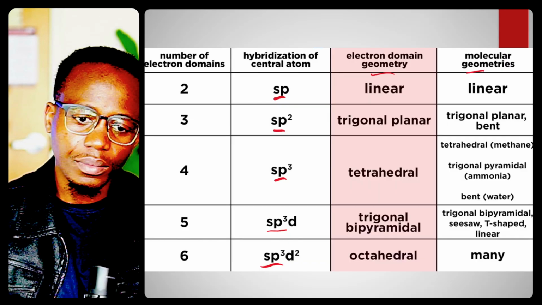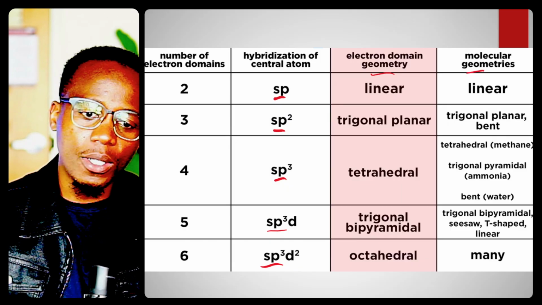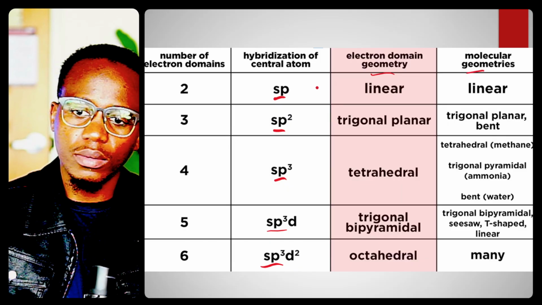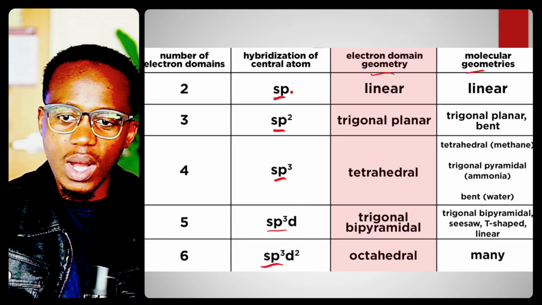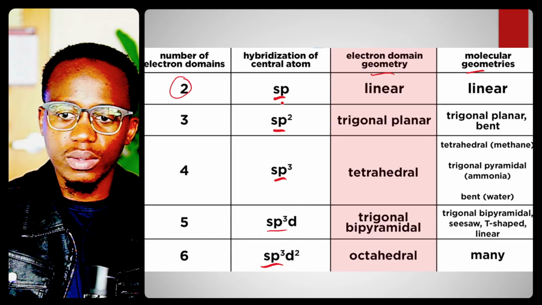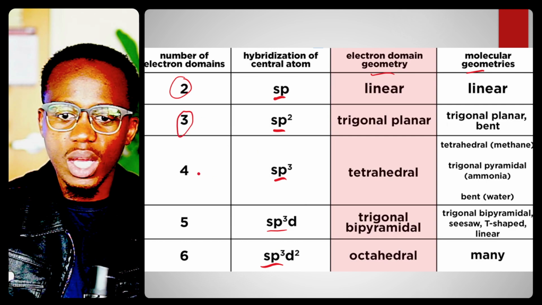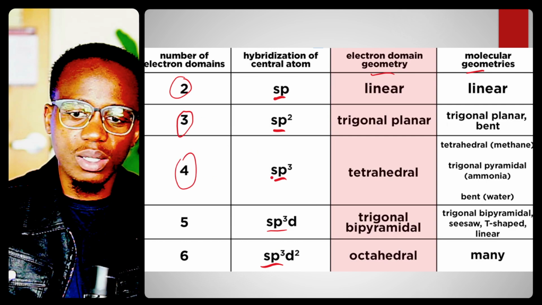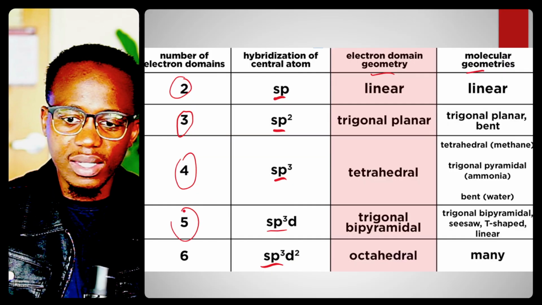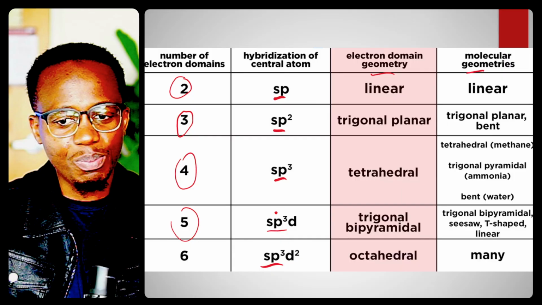For example, if you have two things bound to the central atom, you have sp orbital. If you have three things bound to the central atom, you have sp2. If you have four things bound to the central atom, sp3. Five things, you have sp3d, because you don't have sp4, because p only has three.